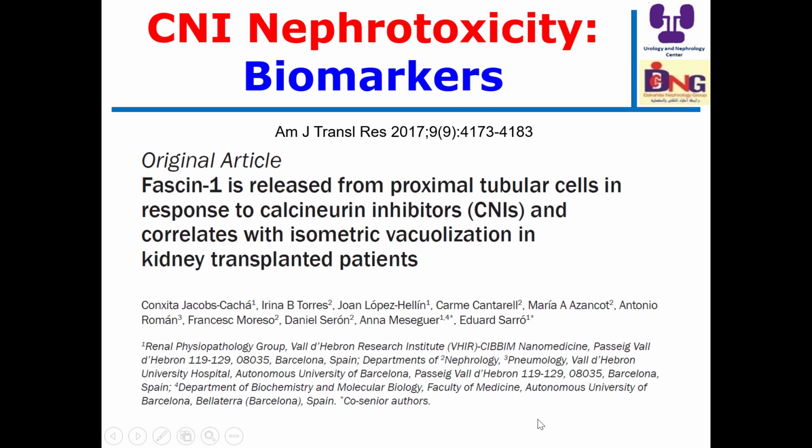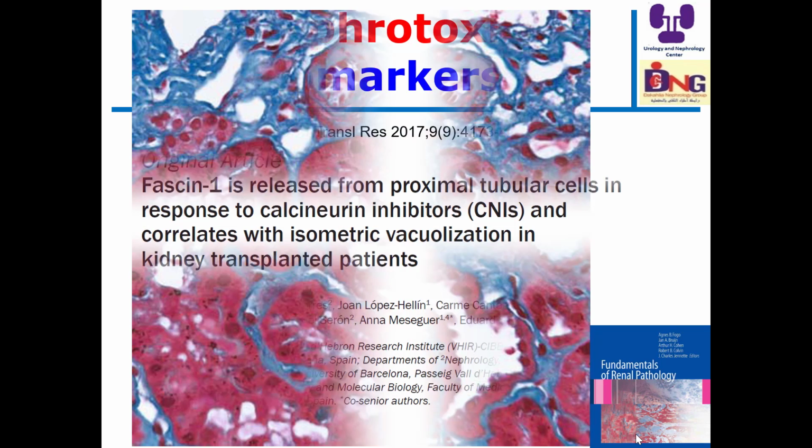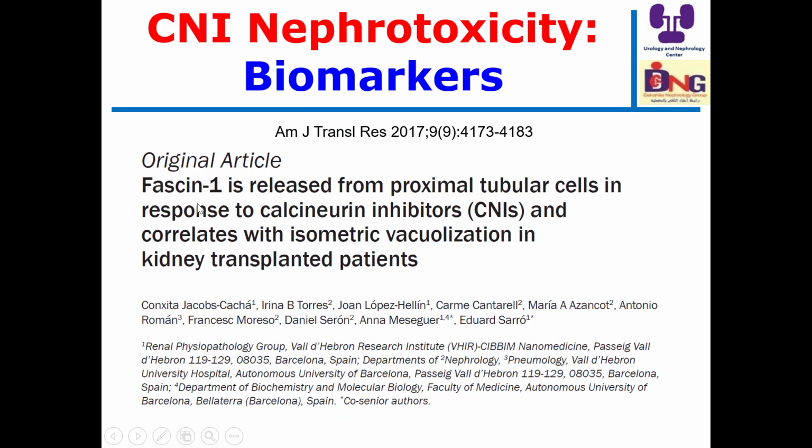Is there a biomarker for diagnosis of acute calcineurin inhibitor nephrotoxicity? Do you know? This is one of them: KIM-1 is released from proximal tubular cells in response to calcineurin inhibitors and correlates well with isometric vacuolization in kidney transplanted patients.